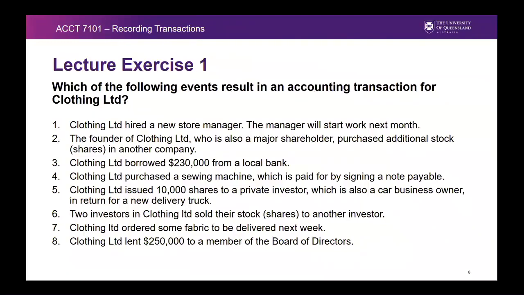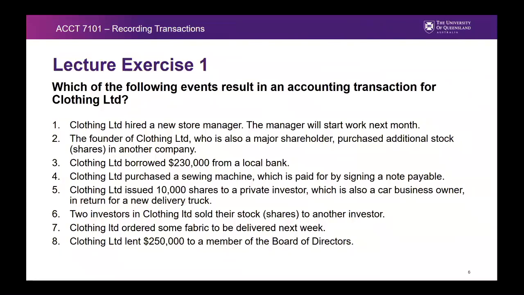So we'd recognise the liability, being the amount of money we have to pay for the purchase, and we'd record an increase in that fabric, which could be an asset or an inventory, depending on the business. Yeah, we probably would record that, even though it hasn't been delivered.